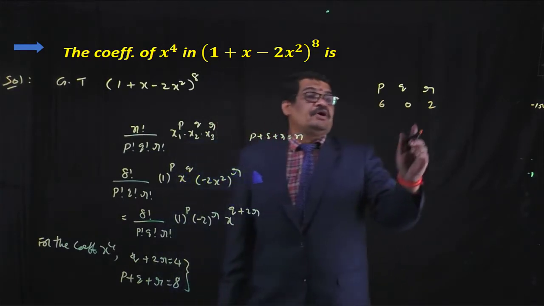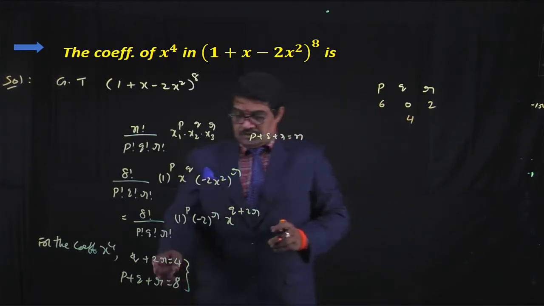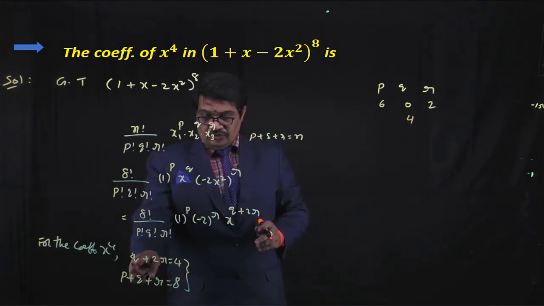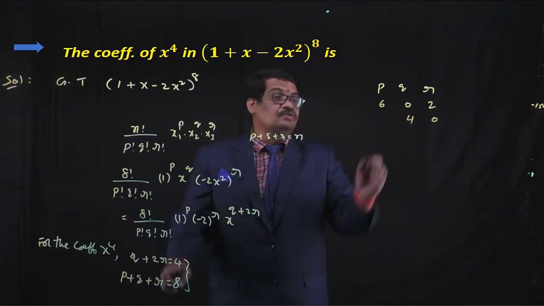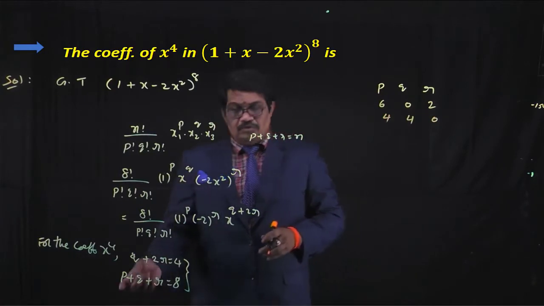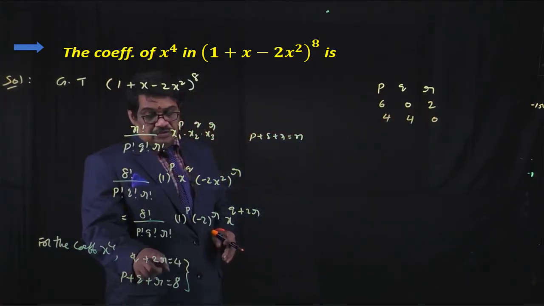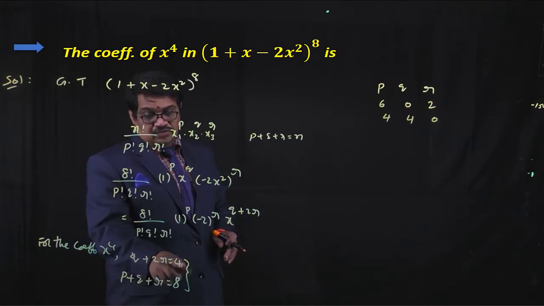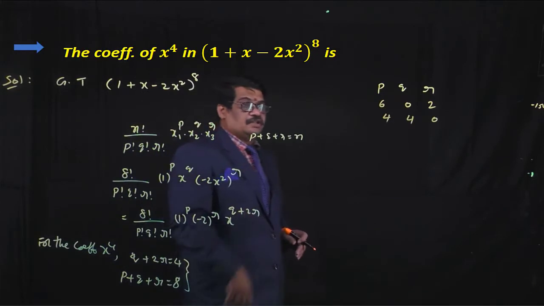Next we take q equal to 4 and r equal to 0, and p is 4. So q is 4 and 2r is 0, the total is 4, and p plus q plus r is 8. This is another chance.